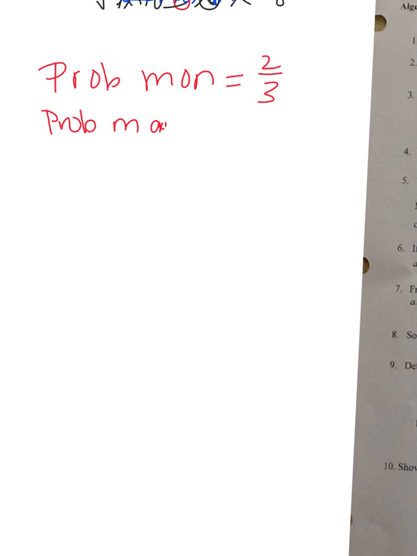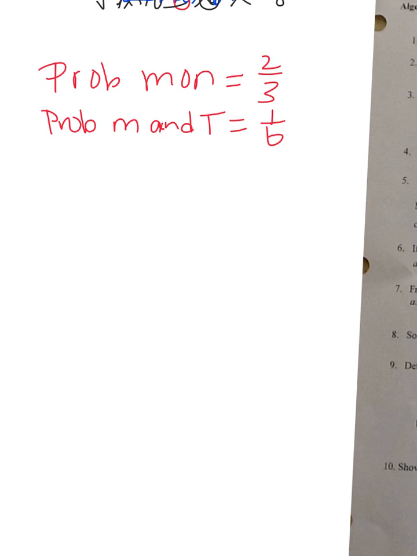All right, so I'm just going to write this down. The probability that the Mets win on Monday is equal to 2/3, and the probability that they win on Monday and Tuesday is equal to 1/6. What I want is the probability that the Mets win on Tuesday if they win on Monday.